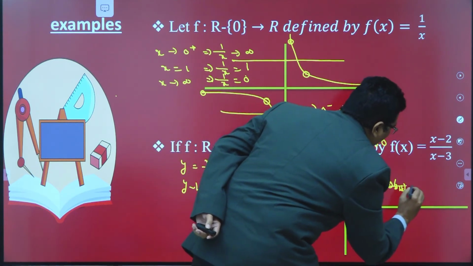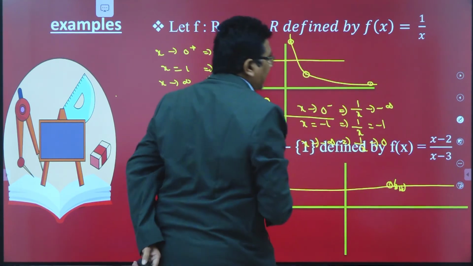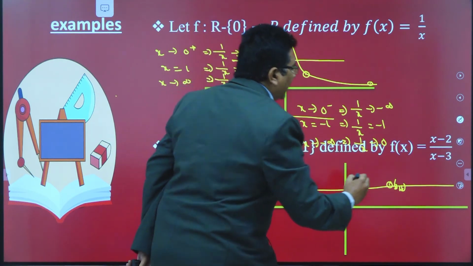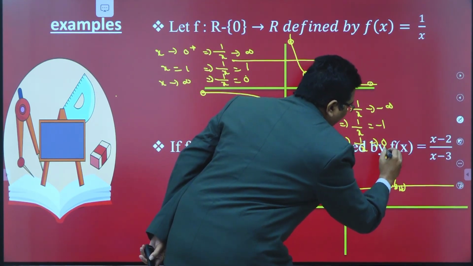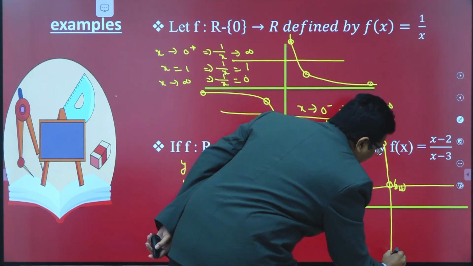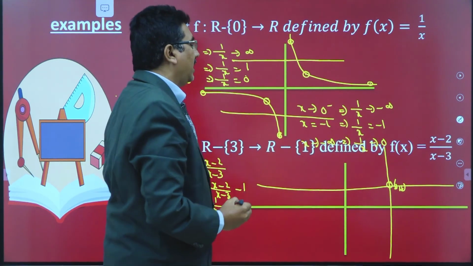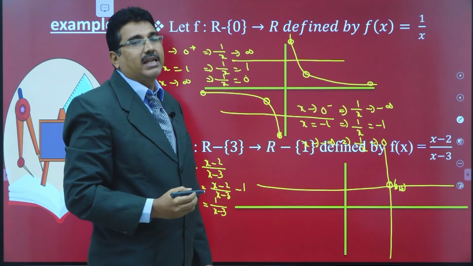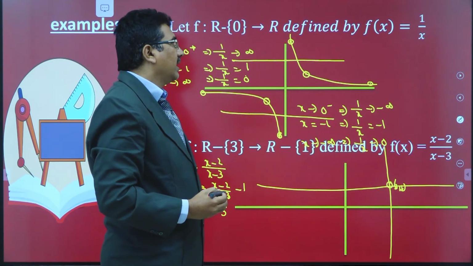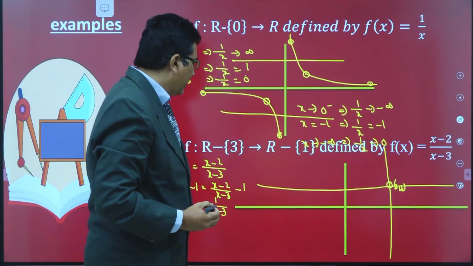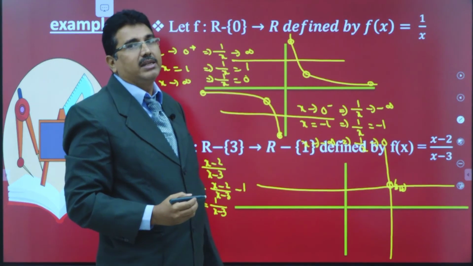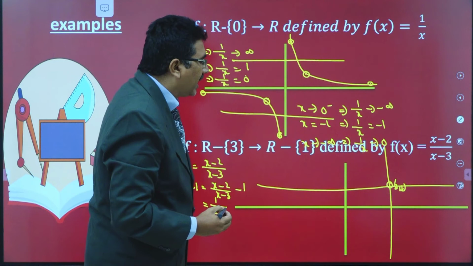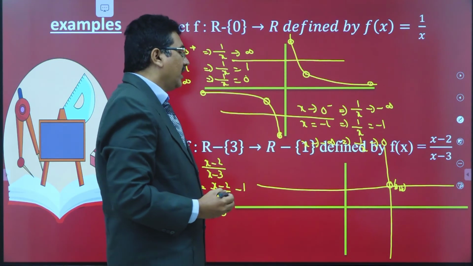Now draw a horizontal line passing through 3 comma 1 and draw a vertical line passing through 3 comma 1. Now draw the graph of this function. Also observe that this is a rectangular hyperbola.